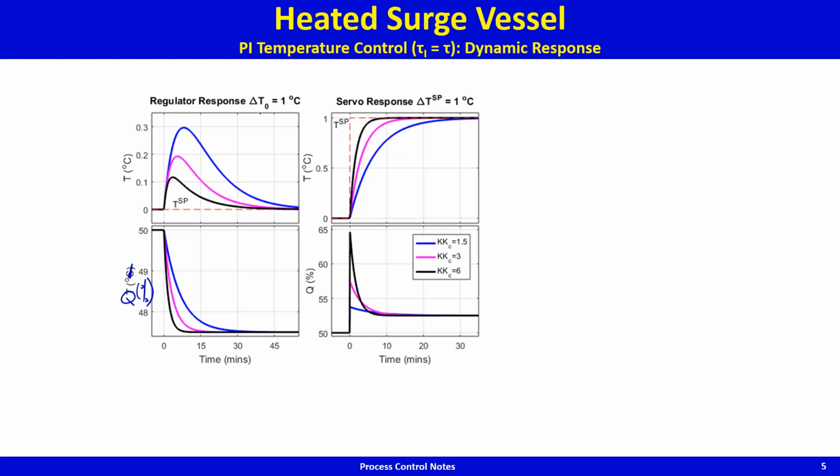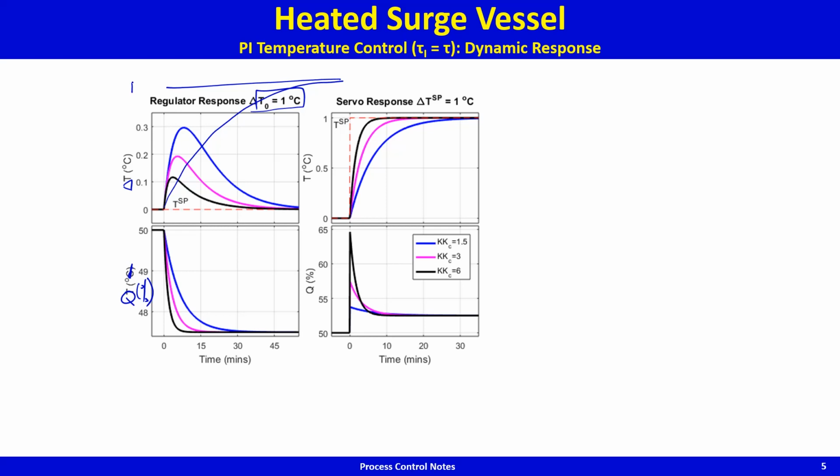If delta T naught is increased by 1 degree Celsius, you remember the change in temperature, the outlet temperature used to go from 60 to 61. If you remember, when we did no control, this response was something like this, and the change in temperature would be 1 degree Celsius.